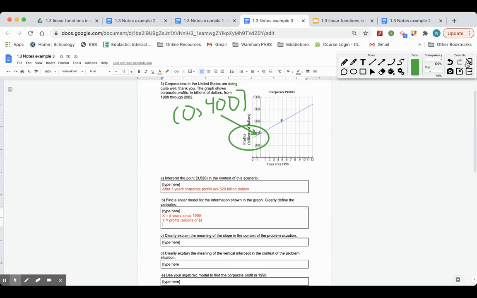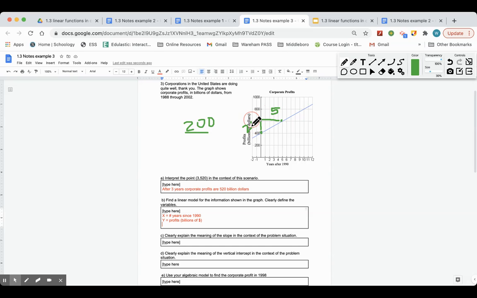Okay, so let me first make that point, and then here's another point that's easy to read. So we're going from 400 to 600, so that's 200, and we have to remember we're in billions of dollars, divided by, we're going from 0 to 5.